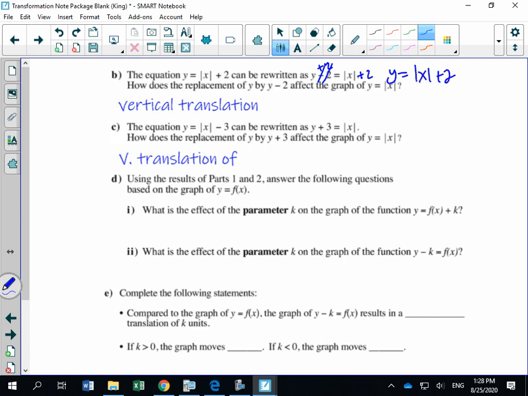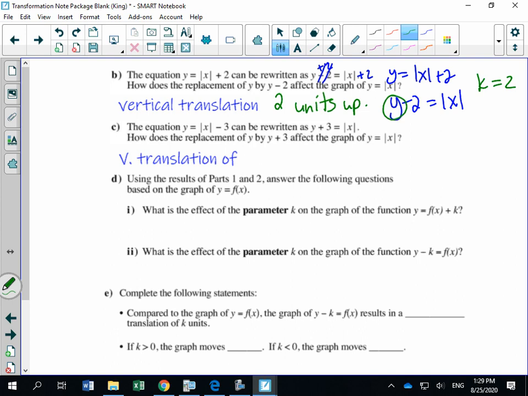That is the exact same as y minus 2 is equal to the absolute value of x. Whether it's written this way or this way, my K value is the same. My K value is 2, because if you isolate y, add that 2 to both sides, our K value is 2. So if our K value is 2, it's a vertical translation 2 units up.